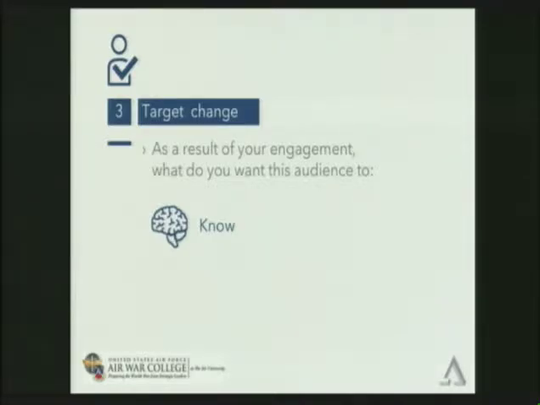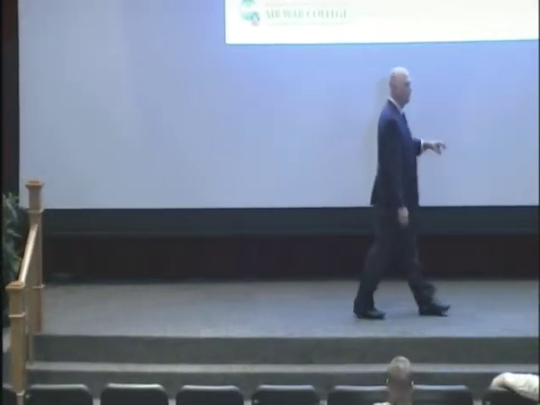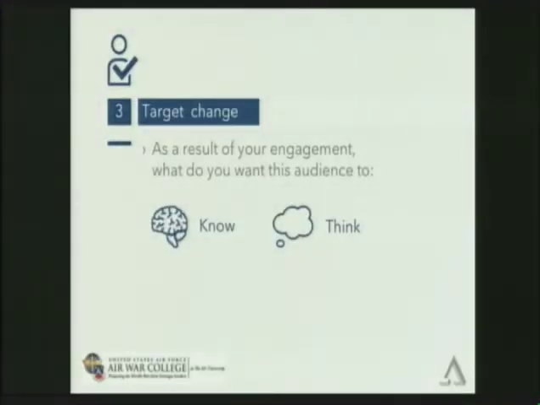The discipline is to write it down. What do you want them to think that but for your engagement with them they would not have thought? What do you want them to feel that but for your engagement with them they would not have felt? And then finally, what do you want them to do that but for your engagement with them they would not otherwise have done?